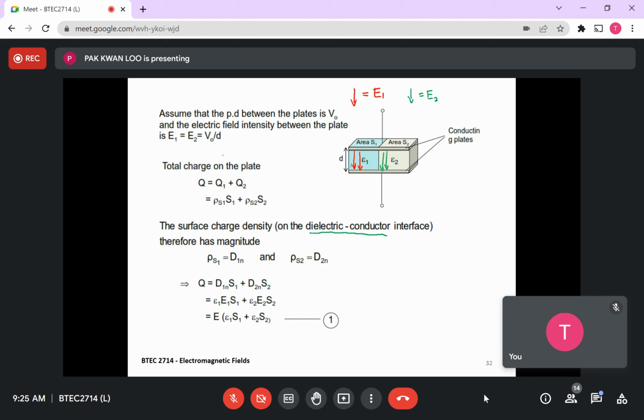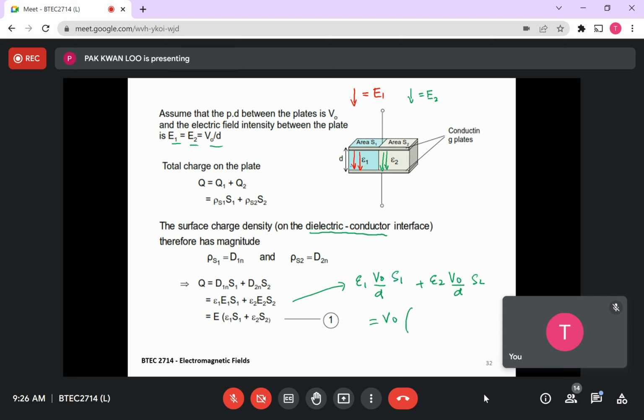So substituting for E1 and E2 into equation 1, we can already see that Q is epsilon 1 V naught over D times S1 plus epsilon 2 V naught over D times S2.